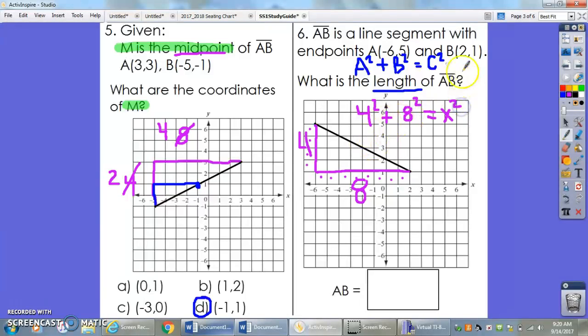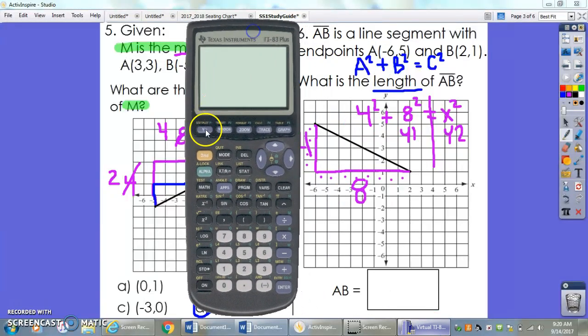All right, now I'm going to solve this equation in my calculator. What's on the left goes in y1. What's on the right goes in y2. Okay. Y equals. So I'm going to do 4 squared plus 8 squared in y1, and then go down to y2, and I'm going to put x squared.